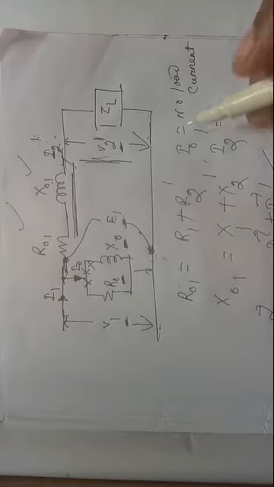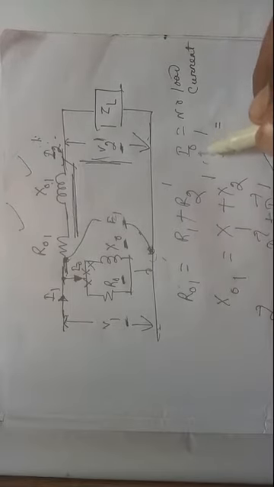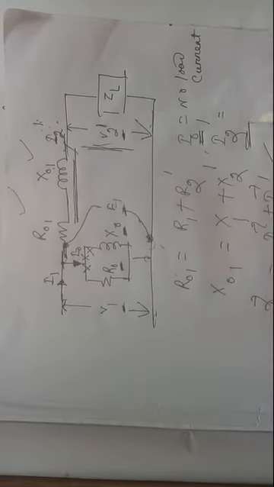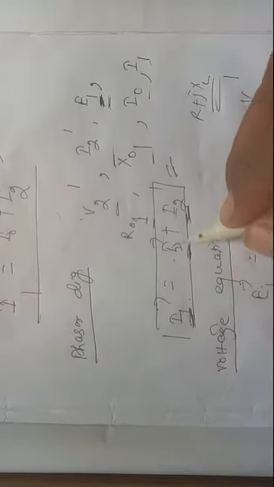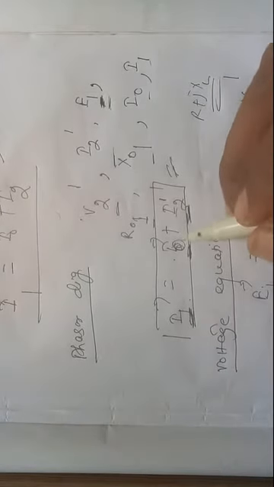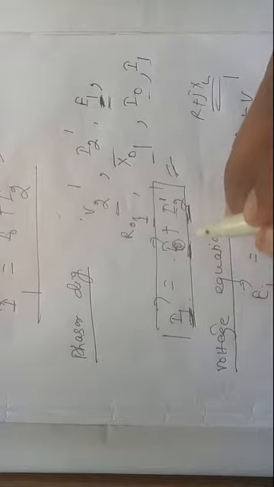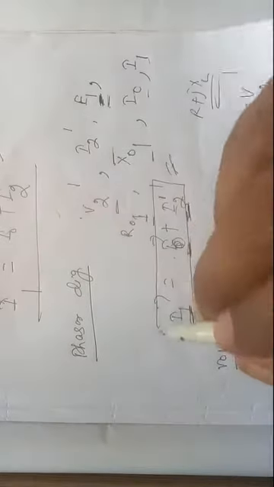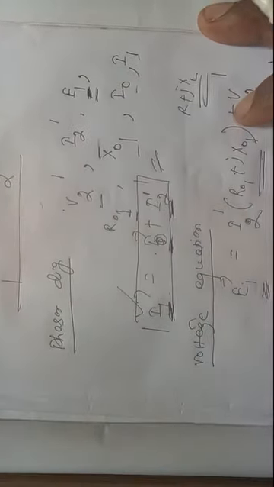So on the primary side there is its own no load current I0 and the secondary current shifted to primary. So I1 is equal to I0 plus I2 dash, the vector sum of I0 and I2 dash will produce I1.